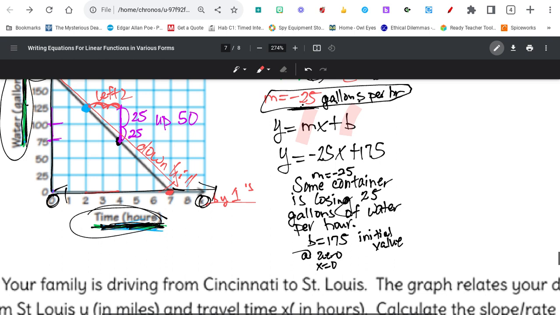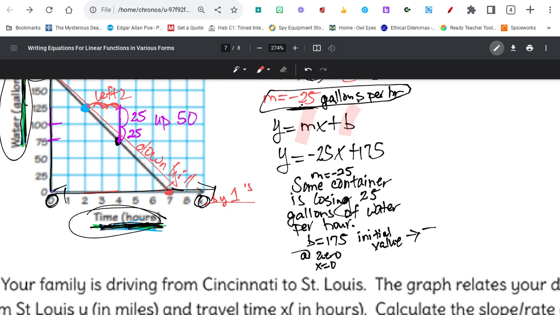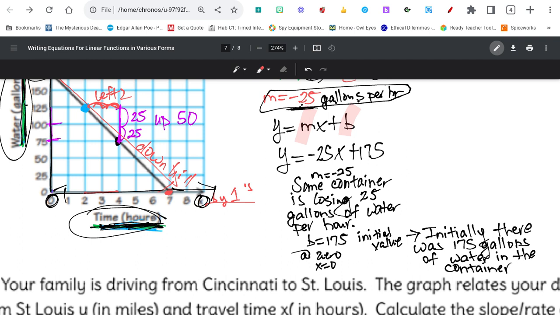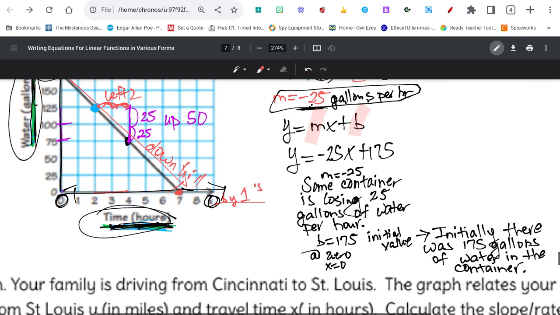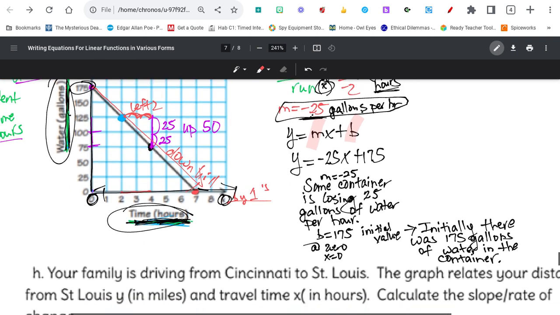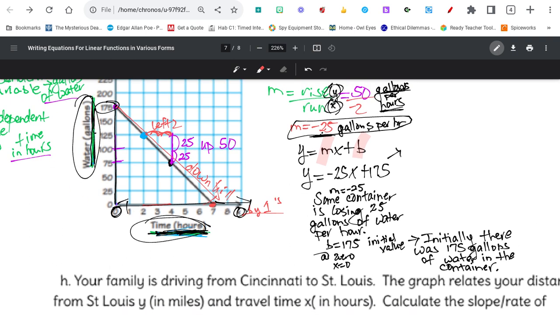Initially means to start with. In other words, the full container was 175 gallons of water. So I hope everybody knows that B is talking about what's on the y-axis.